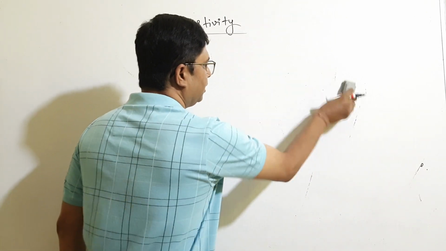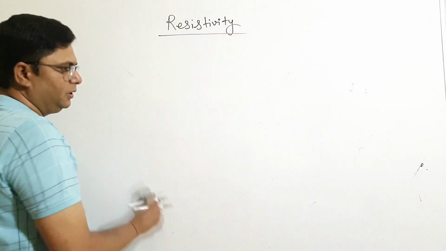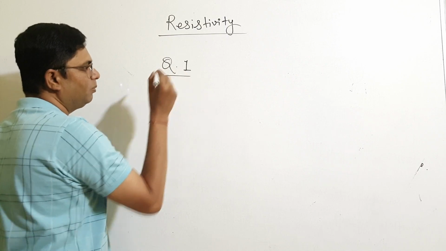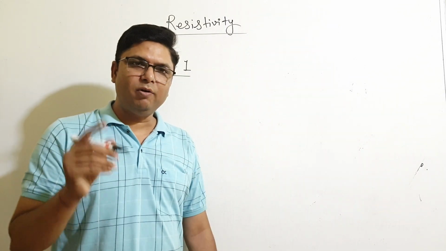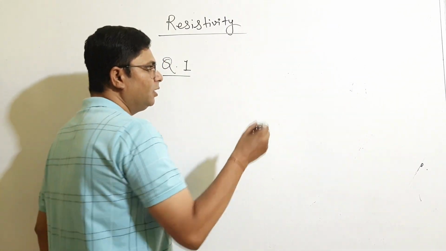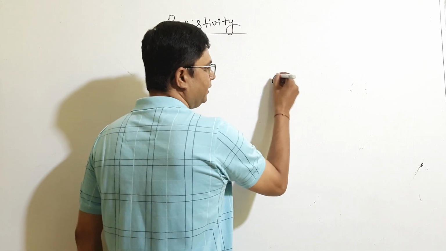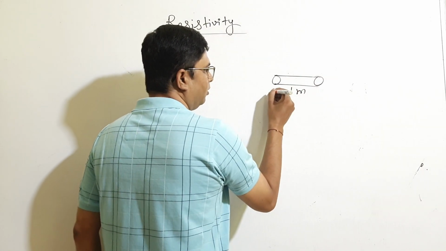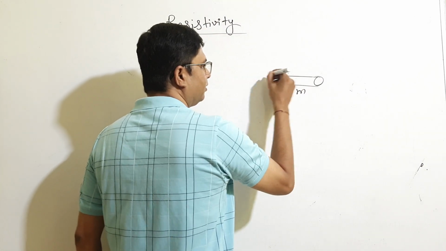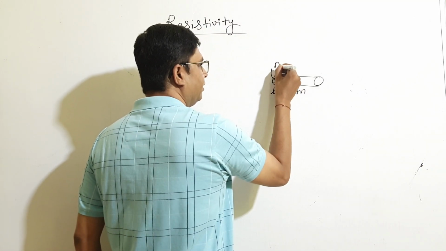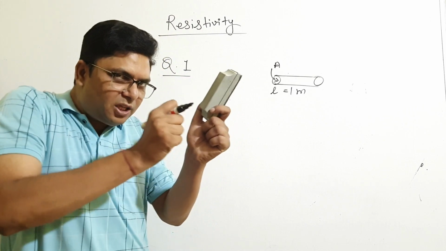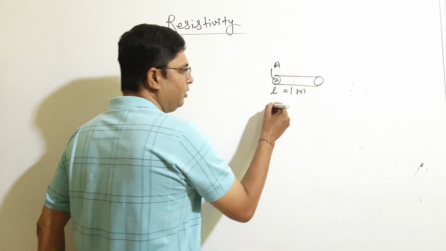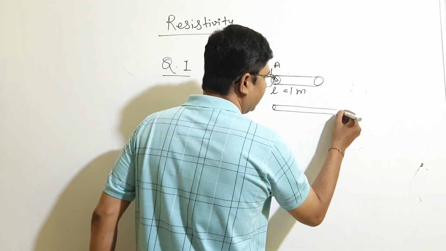Now suppose I am giving you a question. Question number 1. Suppose you have a wire of length 1 meter and cross section area A. We stretch the wire to twice its length.